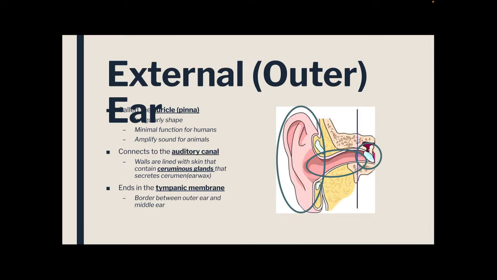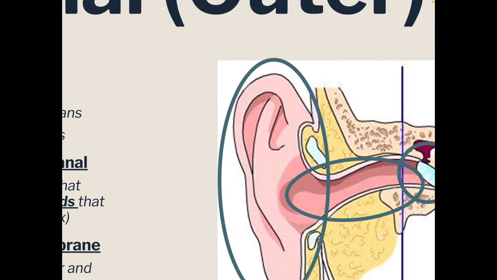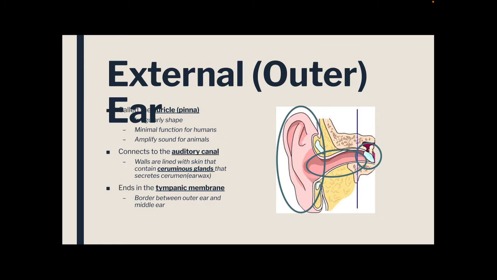Your external ear, also known as your outer ear, is the part that you actually see from the outside. Sorry that it's overlapped. But this is called the auricle or the pinna. And it comes in different shapes. As humans, we have a similar look of the ear, but sometimes people's ears can be smaller or bigger.